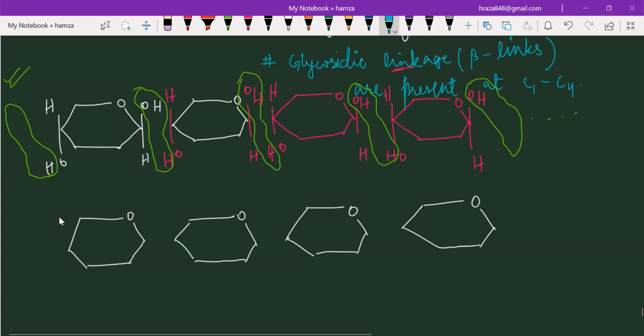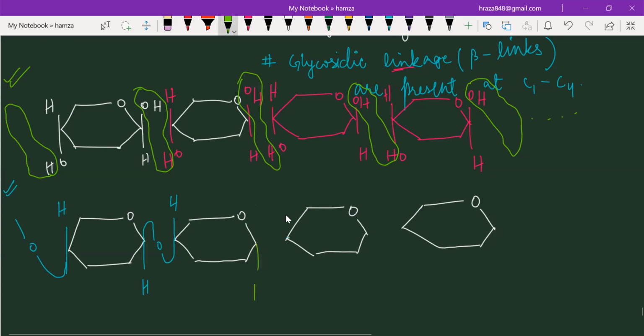So basically, this is hydrogen. There will be O, which will be connected with the left glucose. In the same way, this hydrogen is left, and there is one other hydrogen left, and this will be like this. In the same way, there will be one hydrogen that is downward.